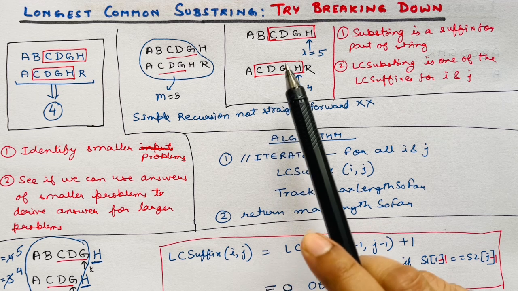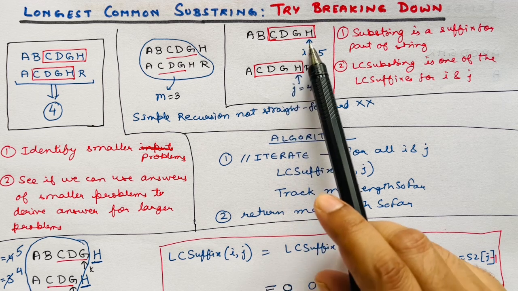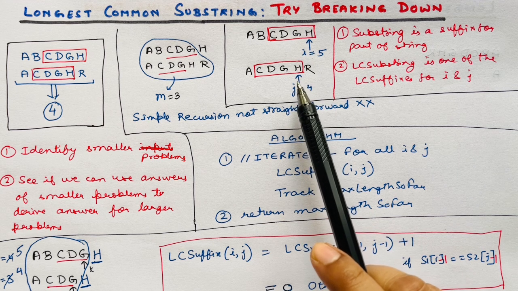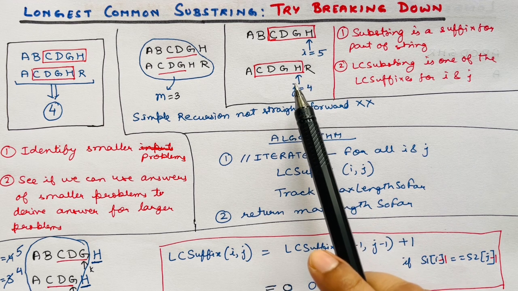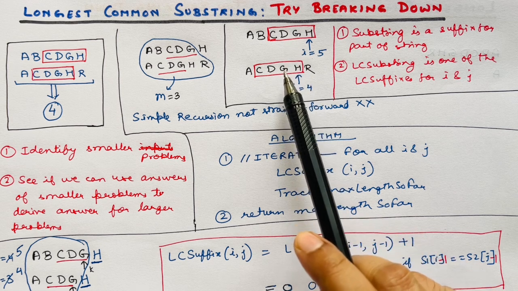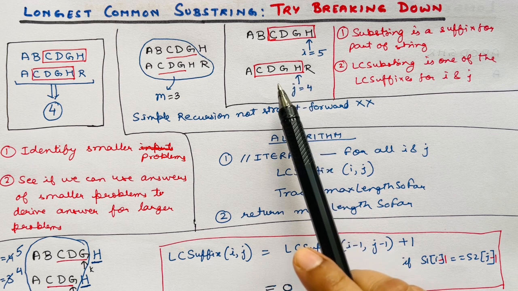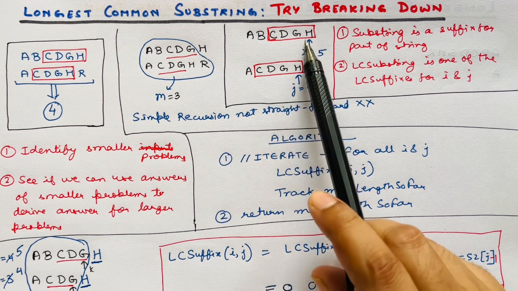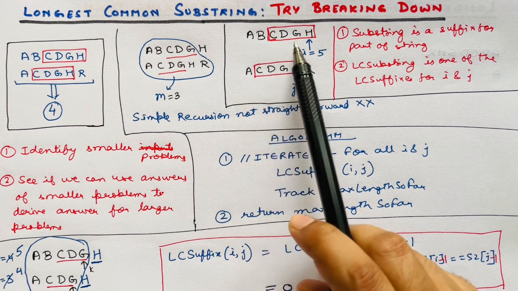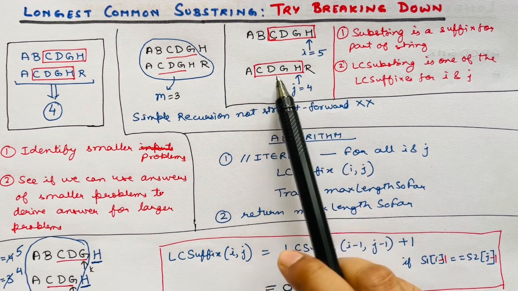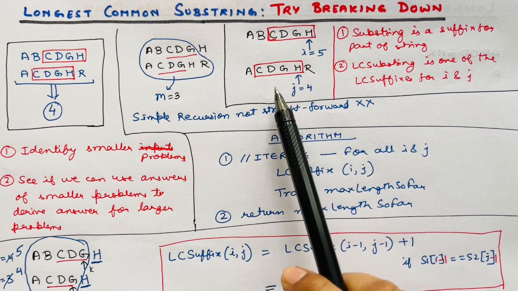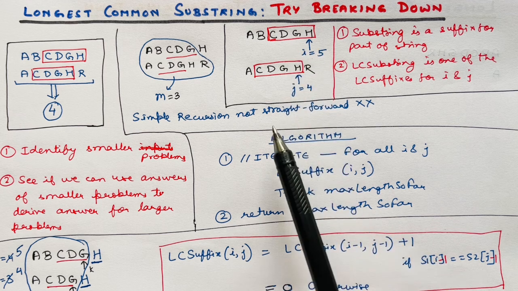So we knew that if it ended at index i in the first string and it ended at index j in the second string, then we could also consider that this substring is the longest common suffix for the strings ending at i and j. Basically for strings ABCDGH and ACDGH, the longest common suffix for these two strings is CDGH.